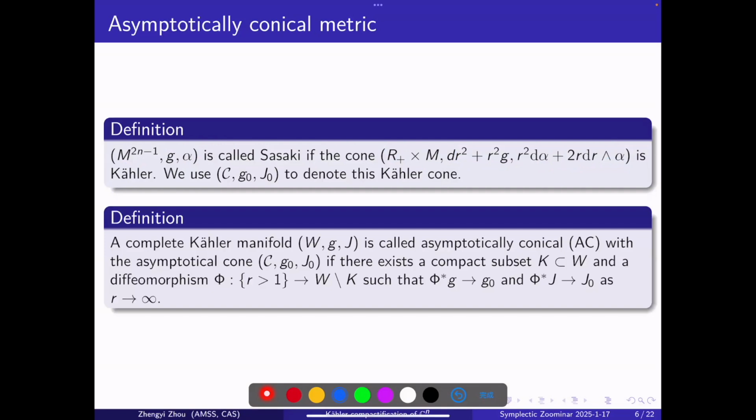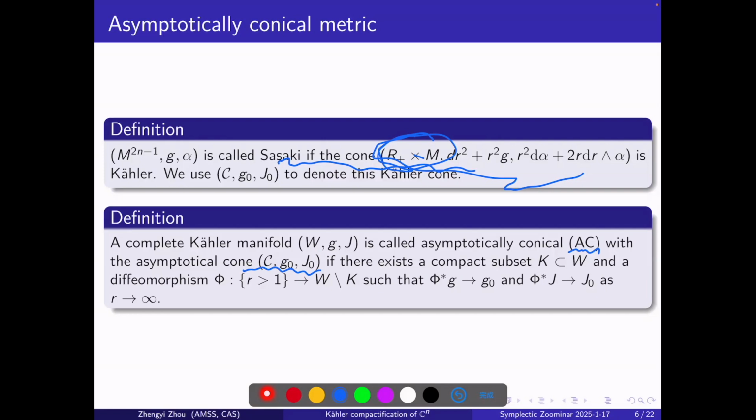Then we can talk about what I mean by a Kähler manifold being asymptotically conical. A complete Kähler manifold W is called asymptotically conical, or AC for short, if at infinity it looks like this Sasaki cone. You can find the asymptotic cone, which is the cone over some Sasaki manifold N, such that there exists a compact set K. After you delete K from W, the complement will be very close to this Sasaki cone.